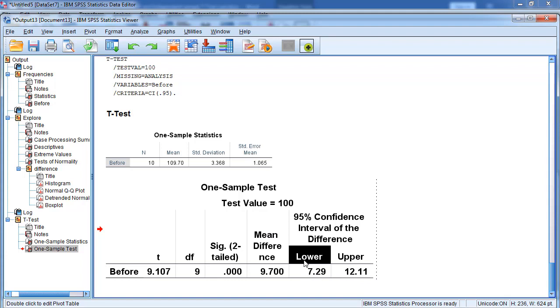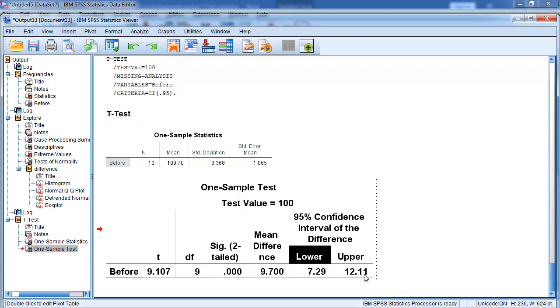In other words, the confidence interval tells us that we are 95% confident in the difference between the sample mean and the population mean. This means that the majority of samples we can collect from the population would also show this range of difference, 7.29 to 12.11.